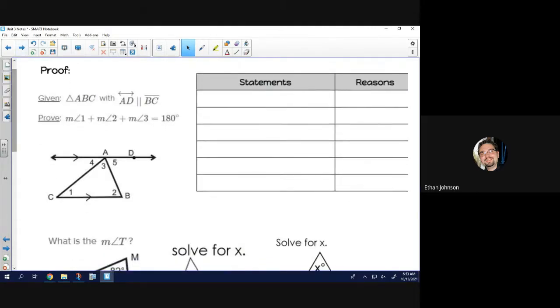So let's prove that this works. For this proof, we have a given statement. The given statement says triangle ABC with line AD parallel to segment BC.